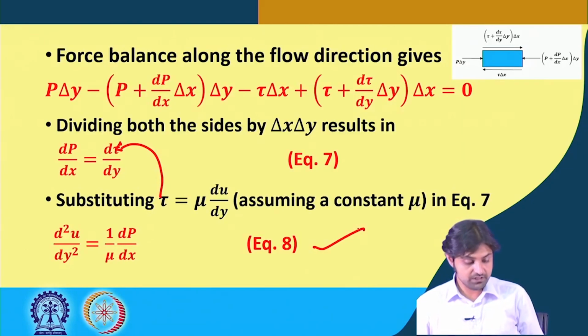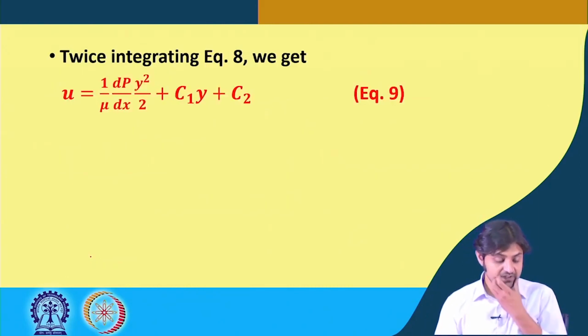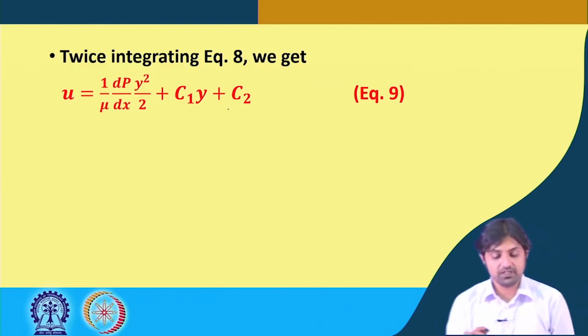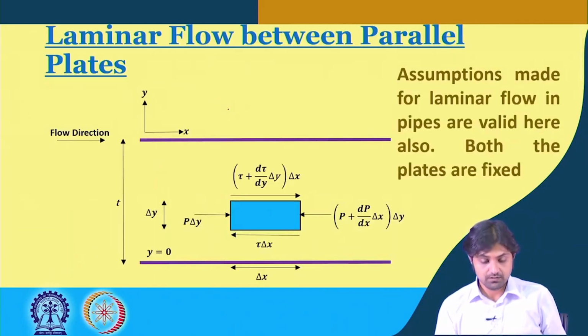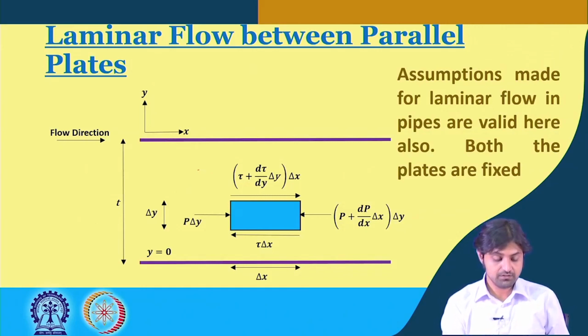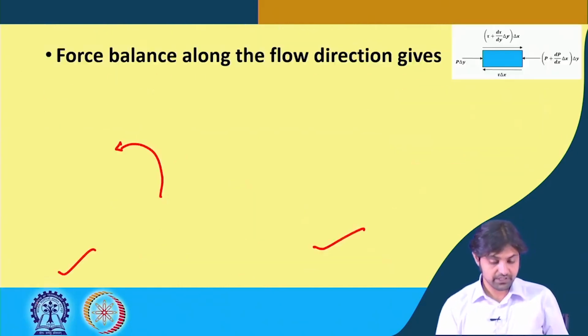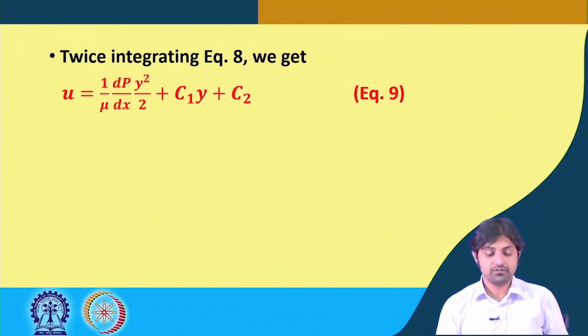Now, because here it is a double derivative, we will integrate it twice. So, we will get u is equal to 1 by mu dP/dx into y square by 2 plus c1 y plus c2, because we have assumed y is in this direction. So, this is the equation we get.